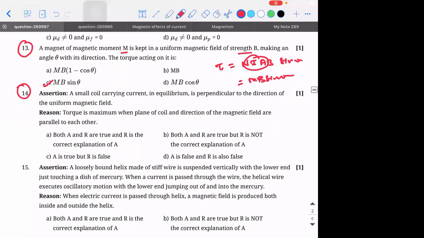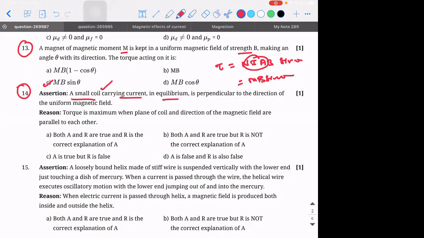Magnetism, right? So there is a small coil carrying current, in equilibrium, perpendicular to the direction of the uniform magnetic field. What are they trying to say? Let's understand the statement like this.